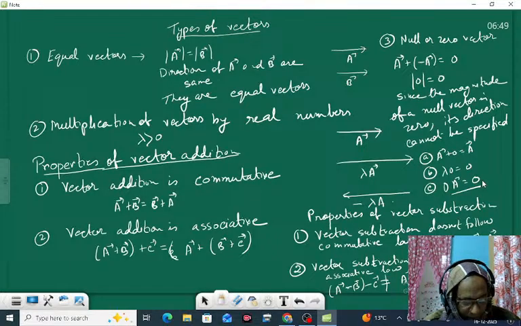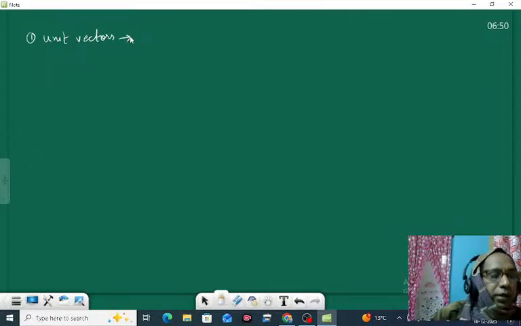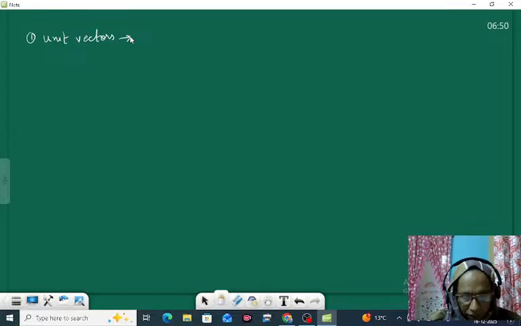Besides that, we have another type of vector, that is the unit vector. What is a unit vector? This is very important for us. Unit vectors are those vectors which have a magnitude of 1, and they are used to specify a direction only.